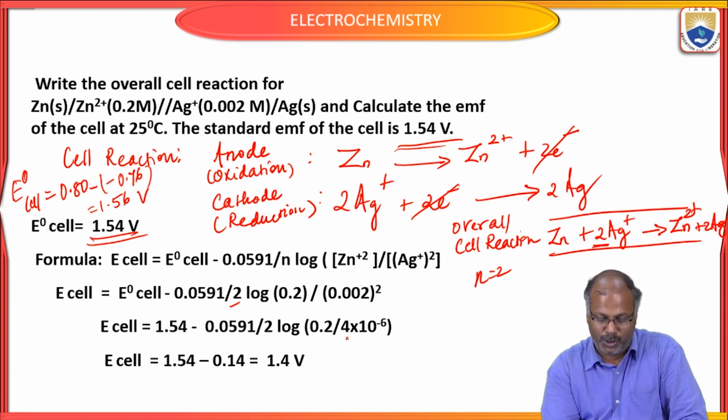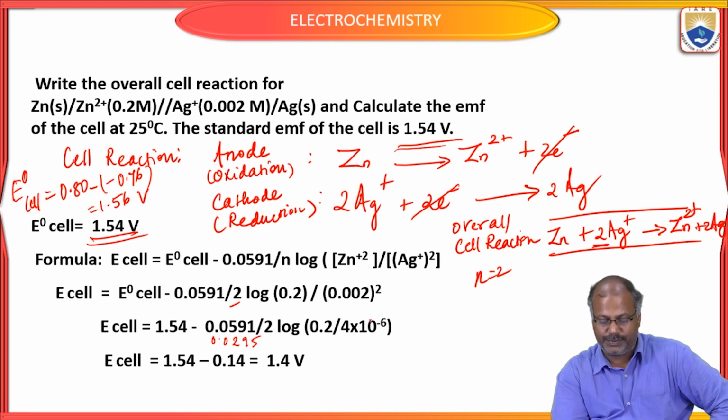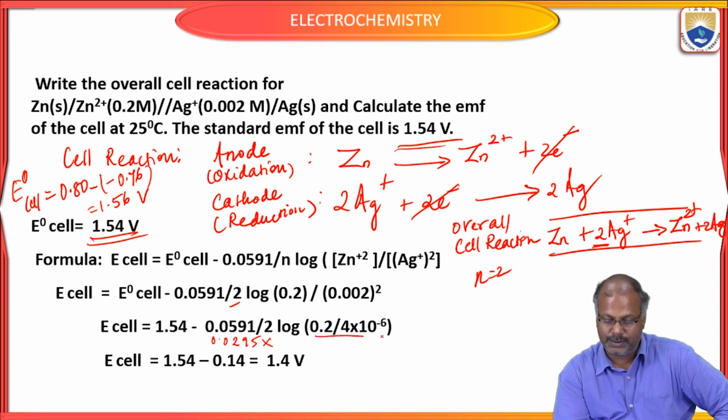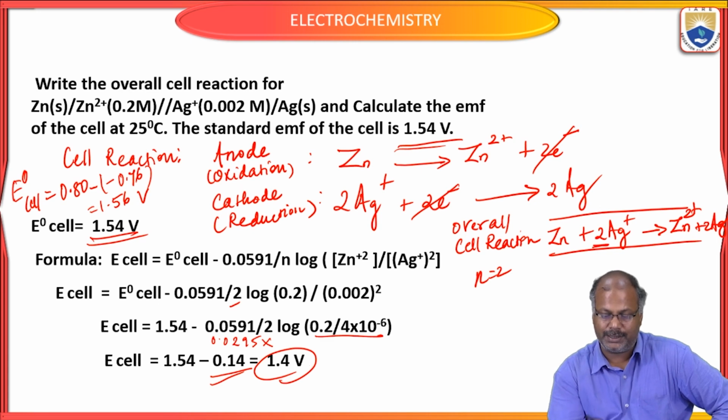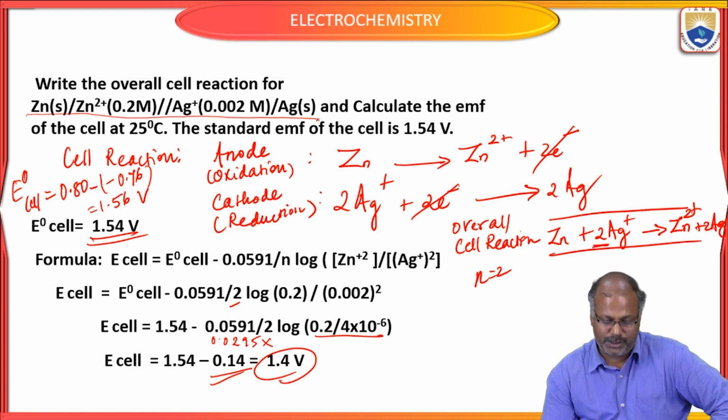So if you take 0.002 whole square, 4 into 10 power minus 6, if you do the calculation, 0.0295 and the logarithm of this value, we will get 0.14. So the answer is 1.4 volts. EMF of the given cell is 1.4 volts. Okay.